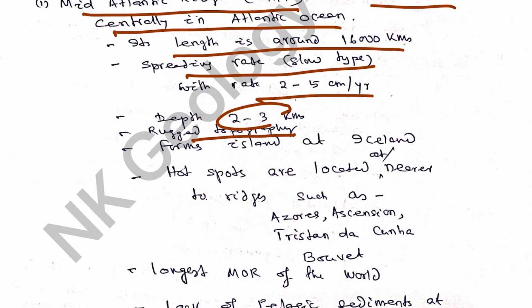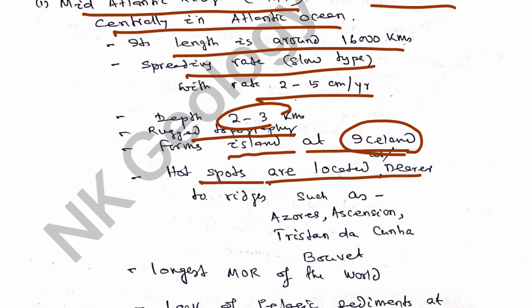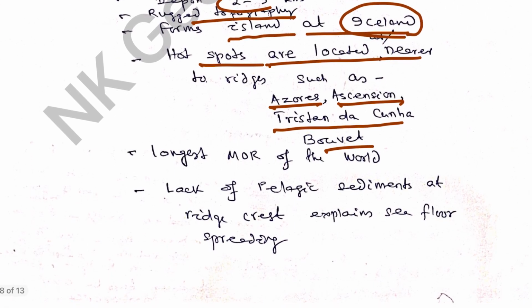The topography is very rugged. It forms the islands at Iceland, because at Iceland this mid-Atlantic ridge is exposed, so it forms Iceland. Some hotspots are located near these mid-Atlantic ridge, such as Azores, Ascension, Tristan da Cunha, Bouvet, and it forms the longest mid-ocean ridge of the world.